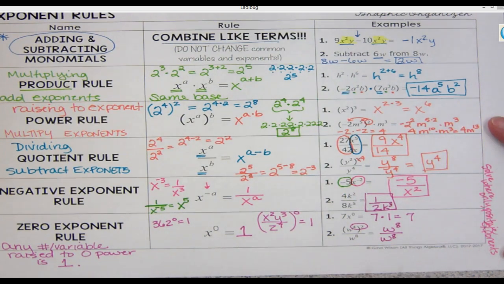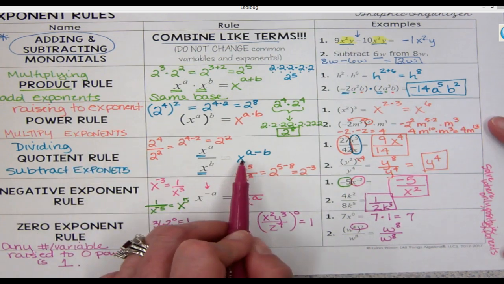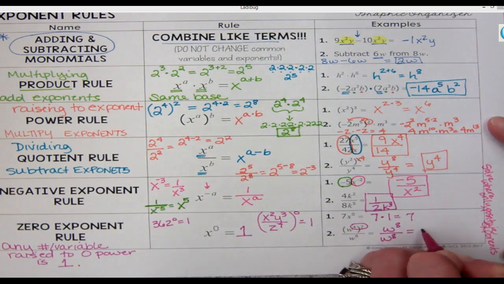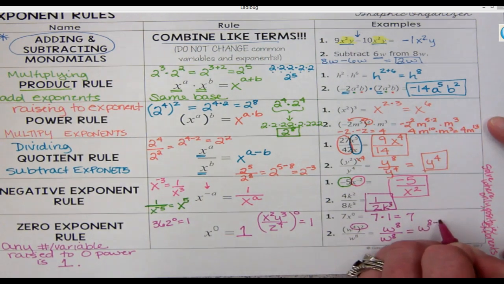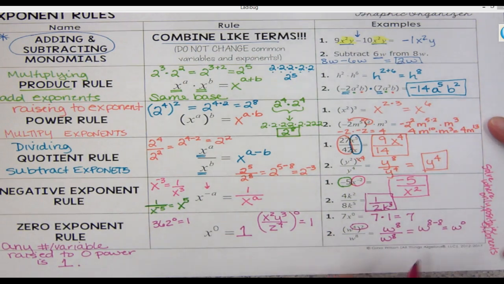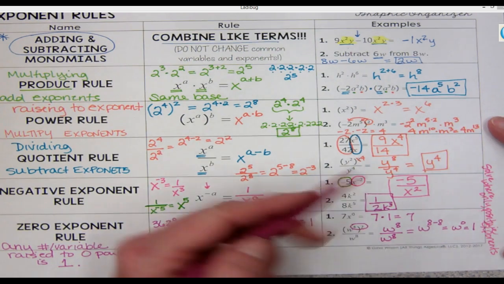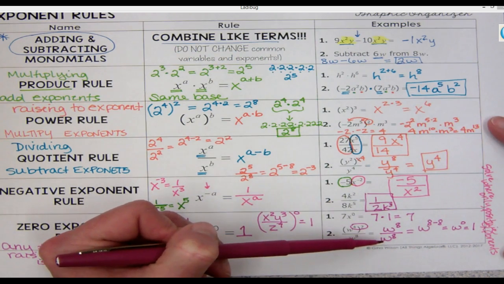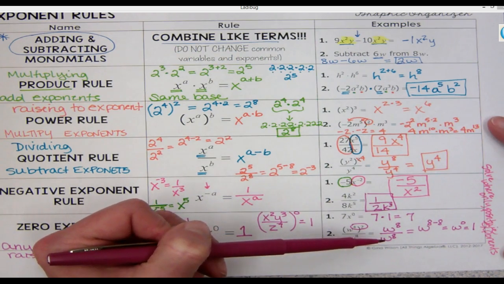Now we know there's two ways to look at this. We can use our quotient rule, where when we divide, we subtract. So that can equal w to the 8 minus 8, which equals w to the 0 power. 8 minus 8 is 0, which equals 1. Or another way to look at this is to say any number divided by itself is always going to equal 1.